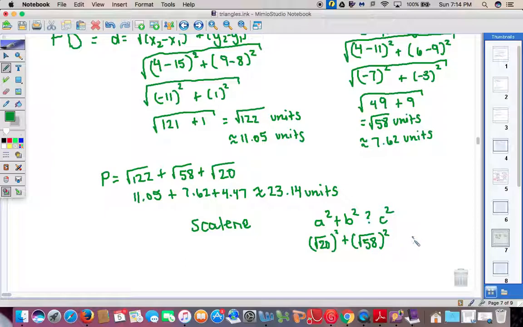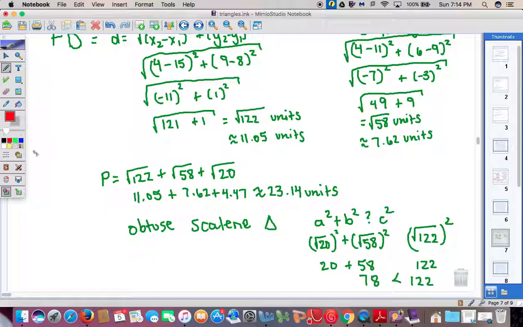And then we've got c is the square root of 122 squared. So this is 20 plus 58, and this is 122. So 78 is less than 122. So when a squared plus b squared is less than c squared, we have an obtuse triangle. So this would be an obtuse scalene triangle. And that would be how you could classify this triangle.